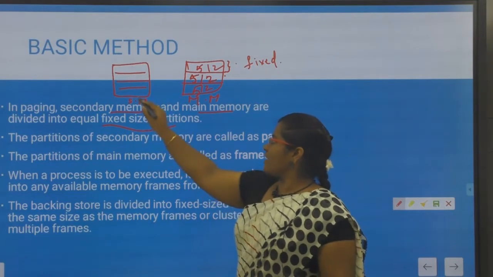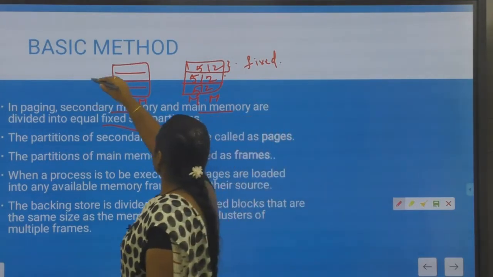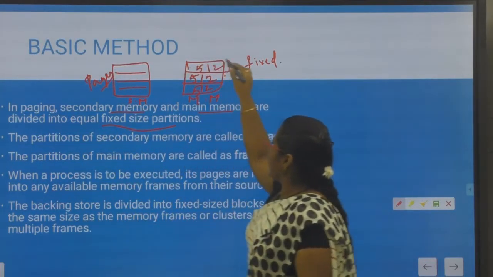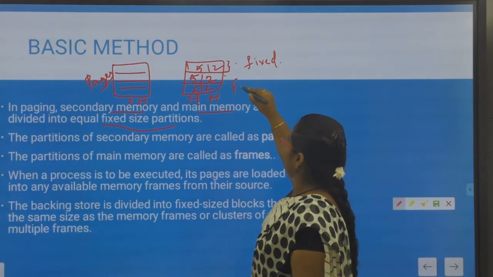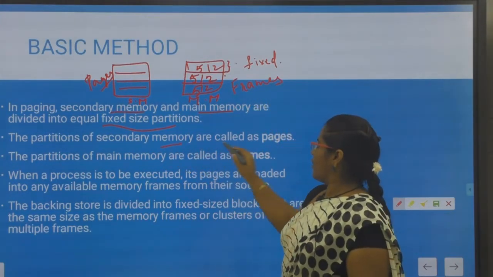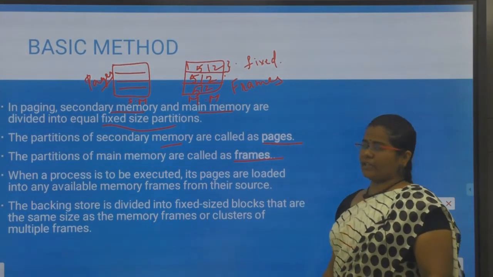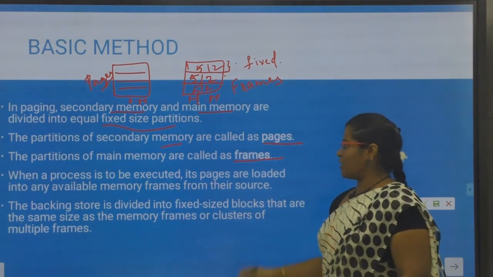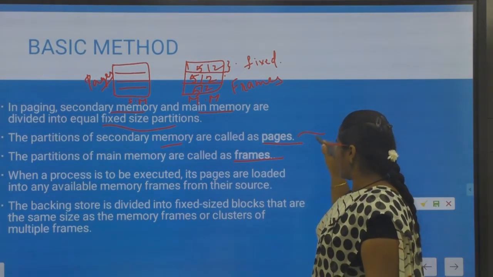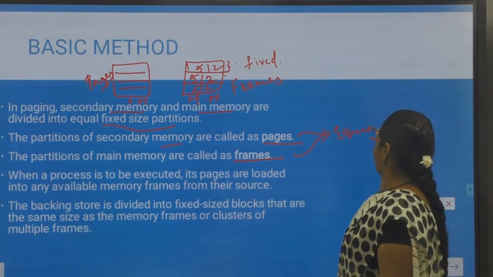Okay, so these secondary memory partitions are called pages, whereas each partition in main memory is called a frame. The size of your page and the size of your frames should be equal.